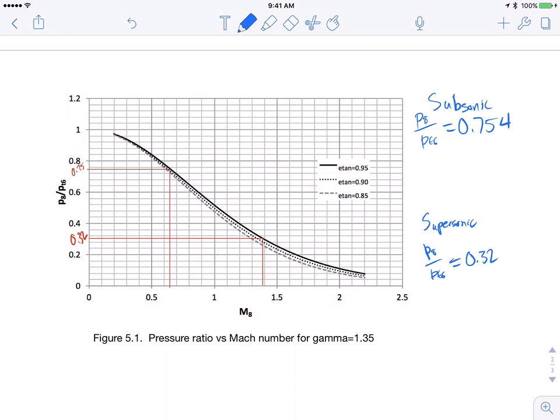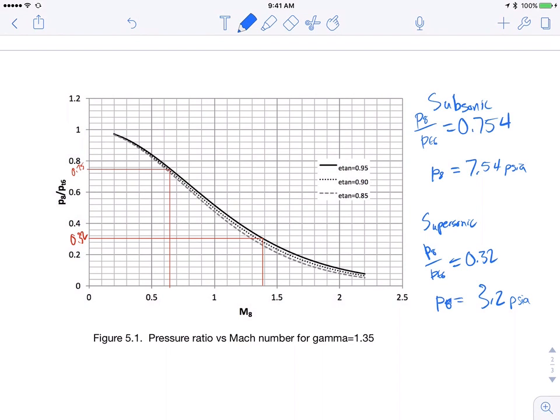And of course, with a total pressure PT6 equal to 10 psi, that means that our exit pressure P8 in this case will be 7.54 psia, and in the supersonic case, P8 is going to be equal to 3.2 psia.